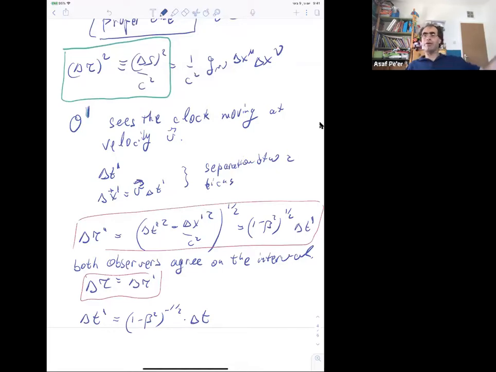If there was a class, I could walk around in the class. Now I can walk around in my room, but it's not going to be very helpful because then I'll get out of the camera. So, but let's say that I'm moving. I'm walking. Now I'm carrying the clock with me. So when I look at the clock, it's not going anywhere. The clock is stuck to my hand, right? Yes. With respect to me, the clock is not moving.